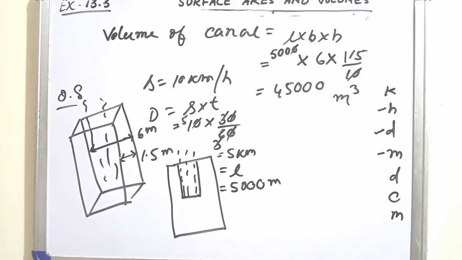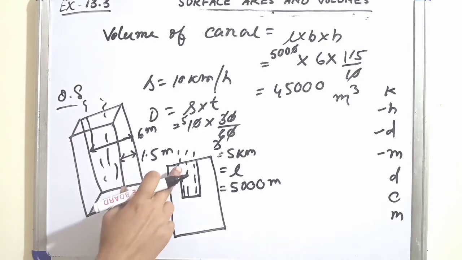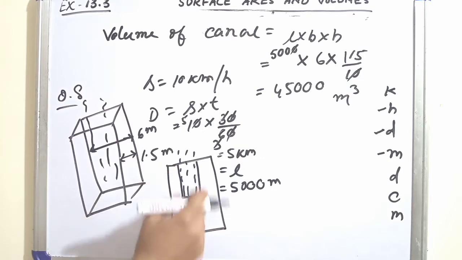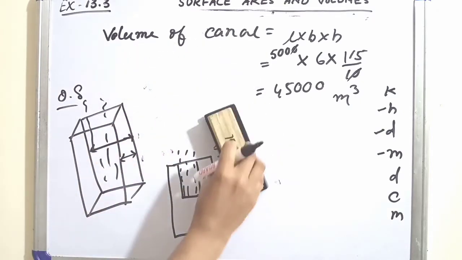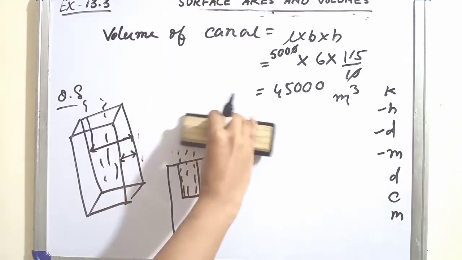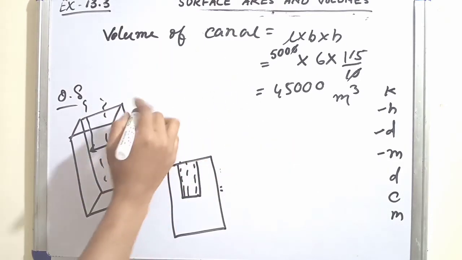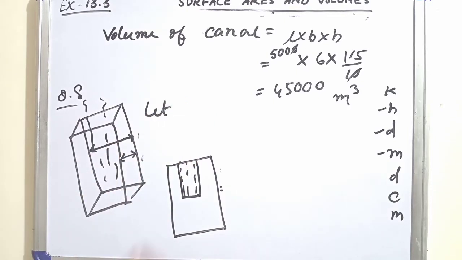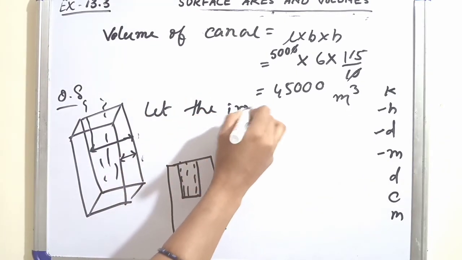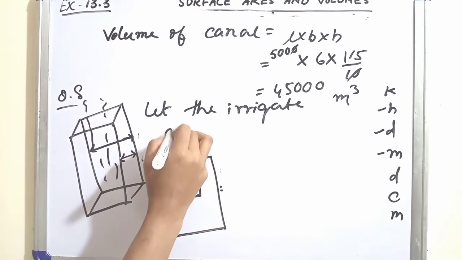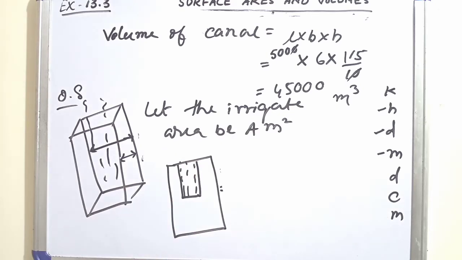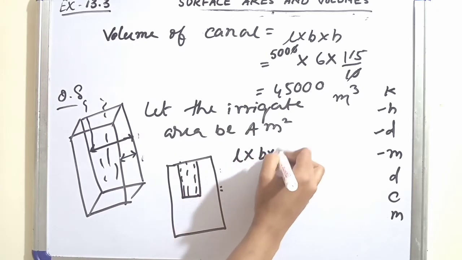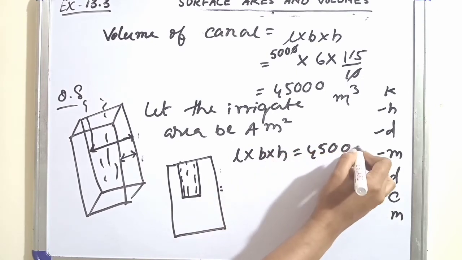Now, volume of this area. You have to find the area of this portion. So let the irrigate area be A meter square. So here L into B into H is equal to 45000.